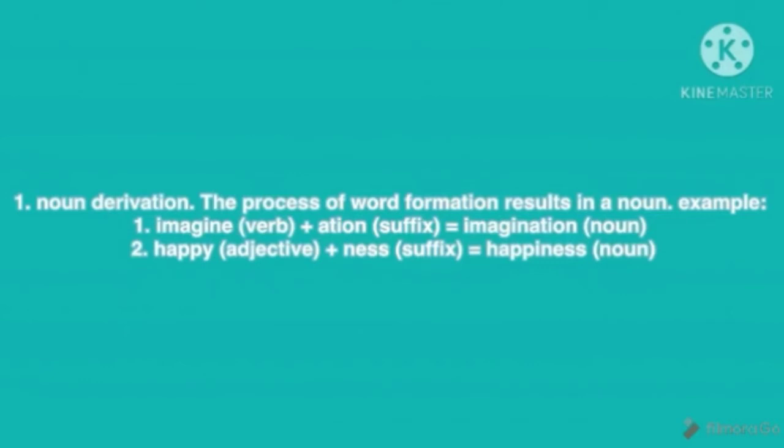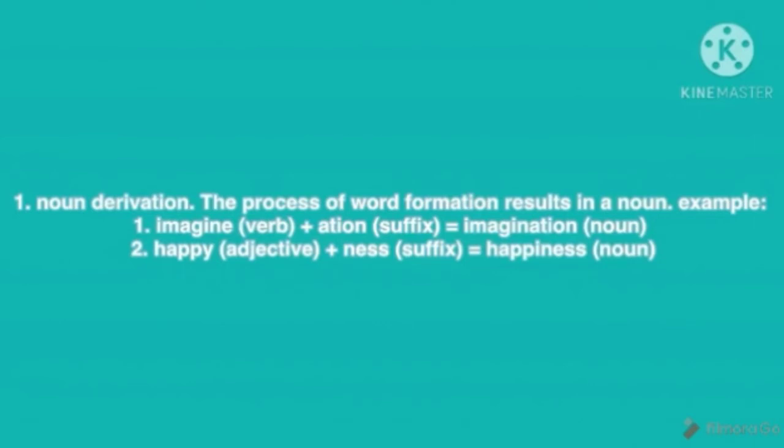In noun derivation, the base, like stem or root, is a verb or it can also be an adjective. For example, first, the basic word uses a verb like imagine. Imagine as a verb plus ation. Ation is a suffix. Then imagine plus ation produces a noun, imagination.